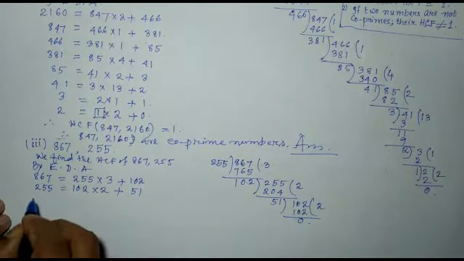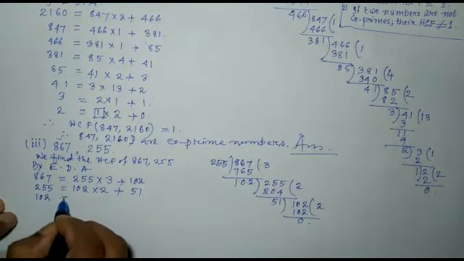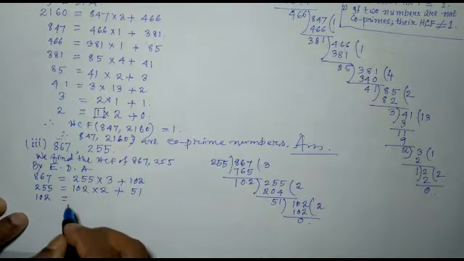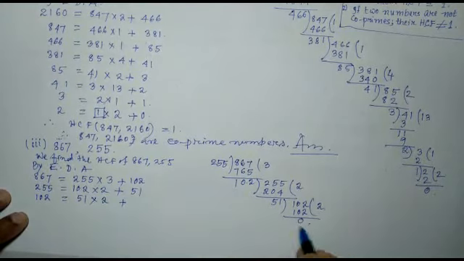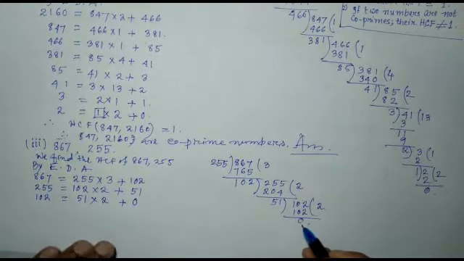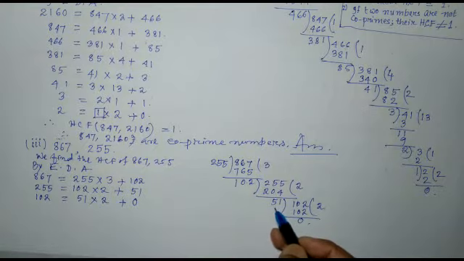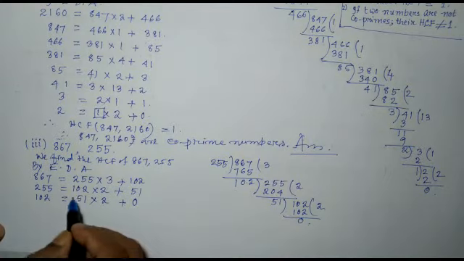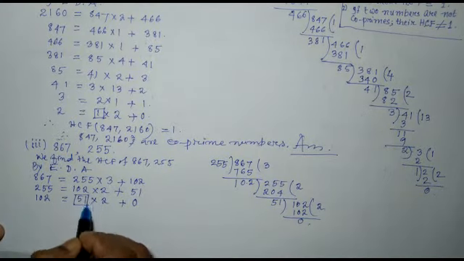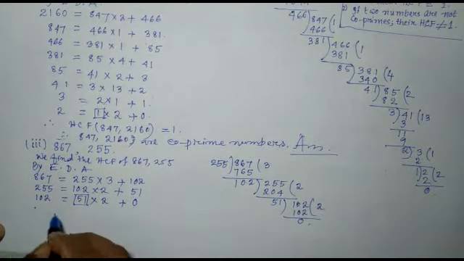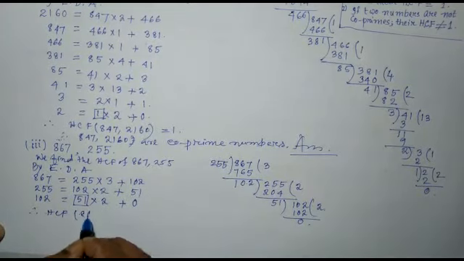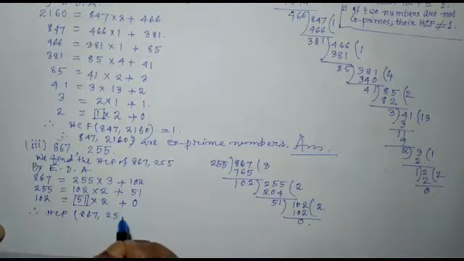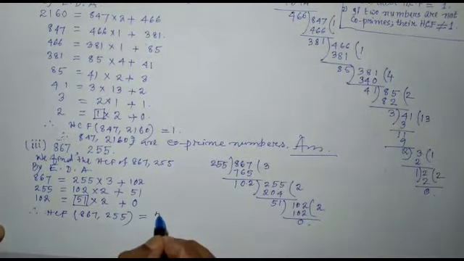So we write for that 102 is equal to, look here, the divisor is 51 and the quotient is 2 and the remainder is 0. So when the remainder is 0, the previous divisor, that is here 51, is the HCF. We can show by drawing a square. So therefore HCF of these two numbers 867, 255 is equal to 51.